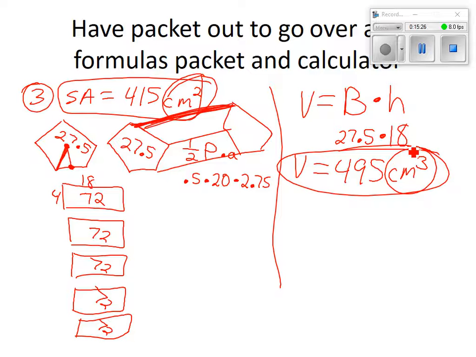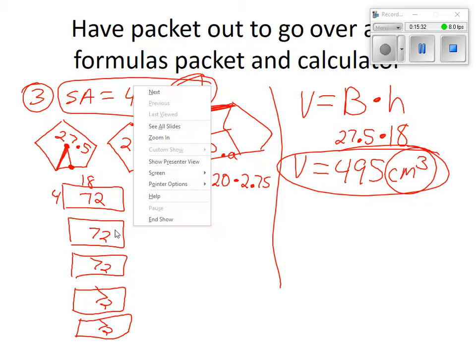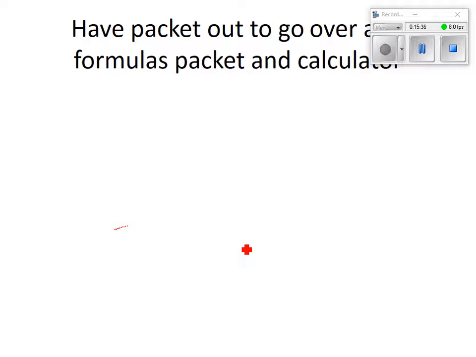Yeah, even with our friends that lay their head down all the time. I need paper. 20 minutes. Should we get a piece of paper? Yeah. Your formulas packet. Can I draw on it? Yeah, you already wrote notes on it, and we're going to write some more on it today.